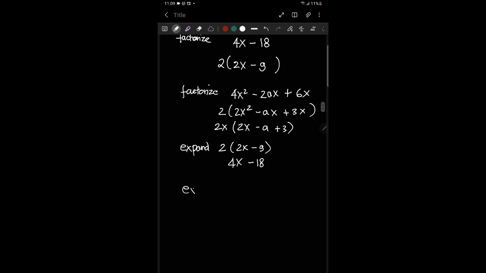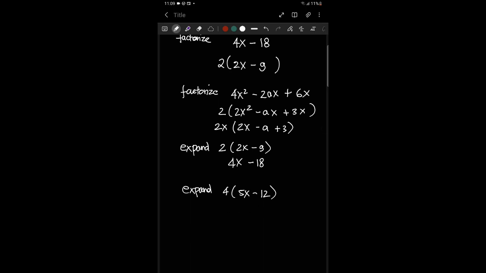The same thing. If I have to expand 4 times the bracket 5x minus 12, I have a factor outside the bracket.